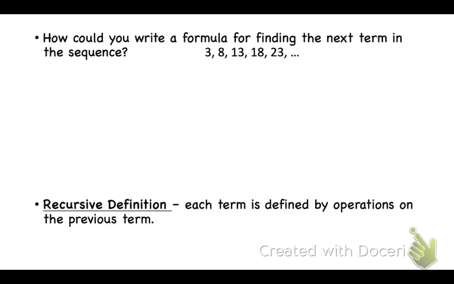So how could you write a formula for finding the next terms of the sequence? If I wanted a formula, how would you tell me to write it? What would you write down? X plus 5?